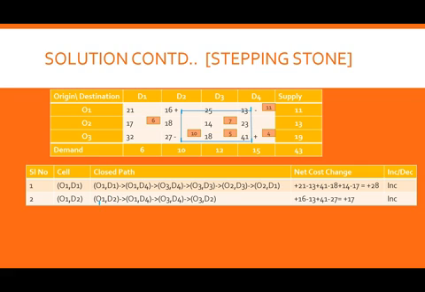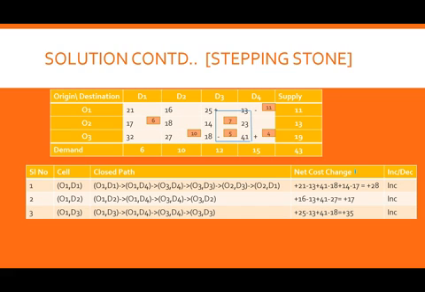So the closed loop that I formed is O1D2, O1D4, O3D4, O3D2. Put alternating signs, plus, minus, plus, minus. So the net cost change will be plus 16, minus 13, plus 41, minus 27. When you evaluate it, you get a plus 17, which is an increase in cost.